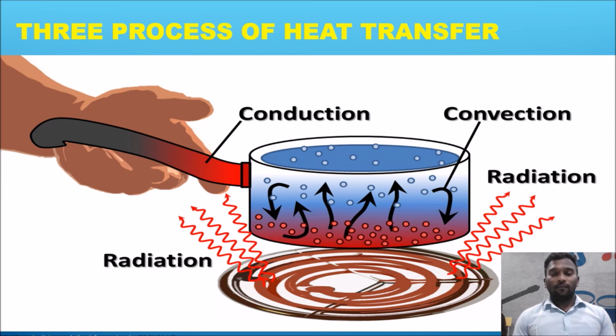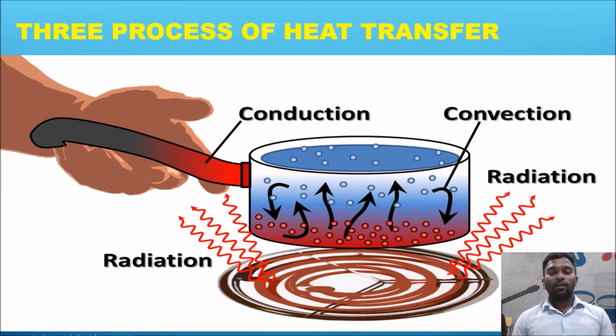Now, between the flame and the vessel, the heat is traveling from a hot object to a cold object, from flame to vessel. This process is also called radiation. If there is no medium, then with the process of radiation, energy can be transferred.